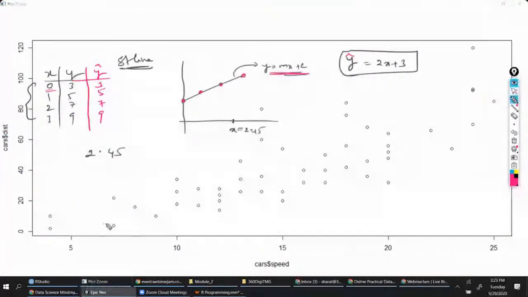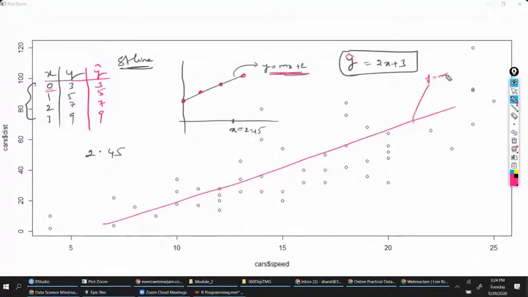Can I perfectly fit a line like this, which passes through the data points in such a way that it covers each and every data point? No, right? Not ideal.